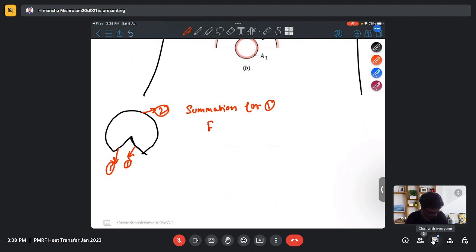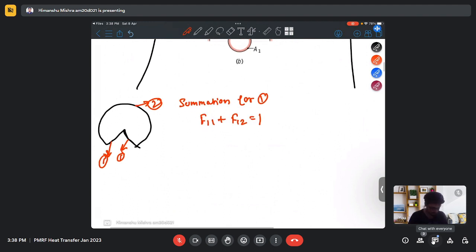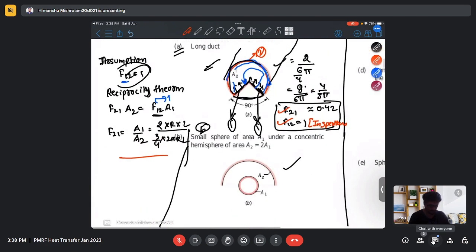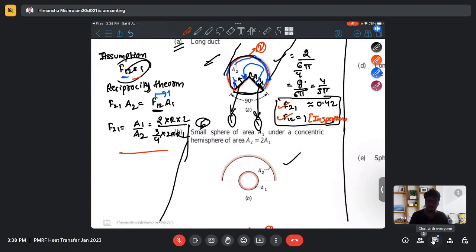Here F11 plus F12 equals 1. Now whatever radiation is emitted from surface 1 will not fall back onto the same surface, which means F11 is 0. So you will be left only with F12, which is 1, as we already said at the beginning.